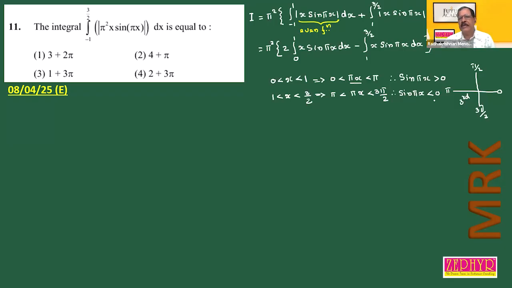So sin pi x is negative because pi x is lying in the third quadrant. So x into sin pi x is negative. So modulus x sin pi x is equal to minus x sin pi x. That is how we are getting. Okay. Now you have to integrate by using integration by parts.